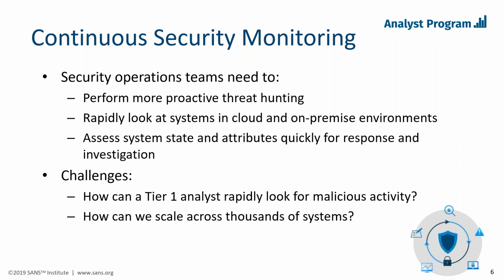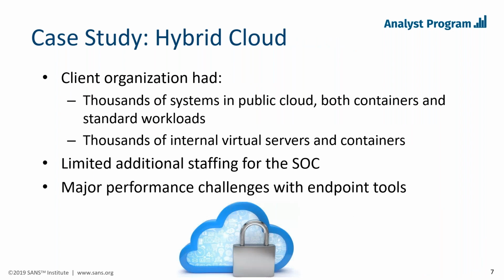And so it might be the lower level or tier one, maybe less experienced analysts that have to keep an eye on the house all the time. So we need ways to help with that. We also need to be able to scale quickly. Neither of these are easy problems to solve. And especially if you're in a big organization that has a hybrid cloud with not enough people and lots of systems, that's going to continually prove to be a problem.